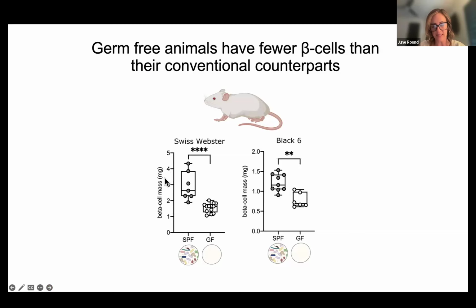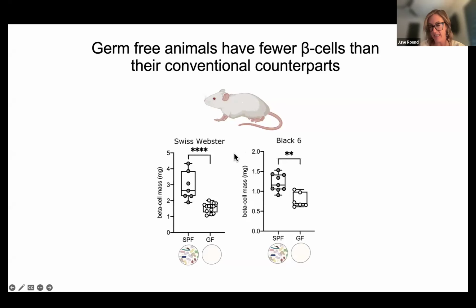So this basically shows you how many beta cells you have, your insulin producing capacity. And in SPF animals, which are your normal colonized animals, compared to animals that don't possess a microbiota, or germ-free animals, we can see that germ-free animals have significantly reduced beta cell mass. And this is true in every background that we've looked at, and I'm showing you two different backgrounds here. And these are just adult animals.